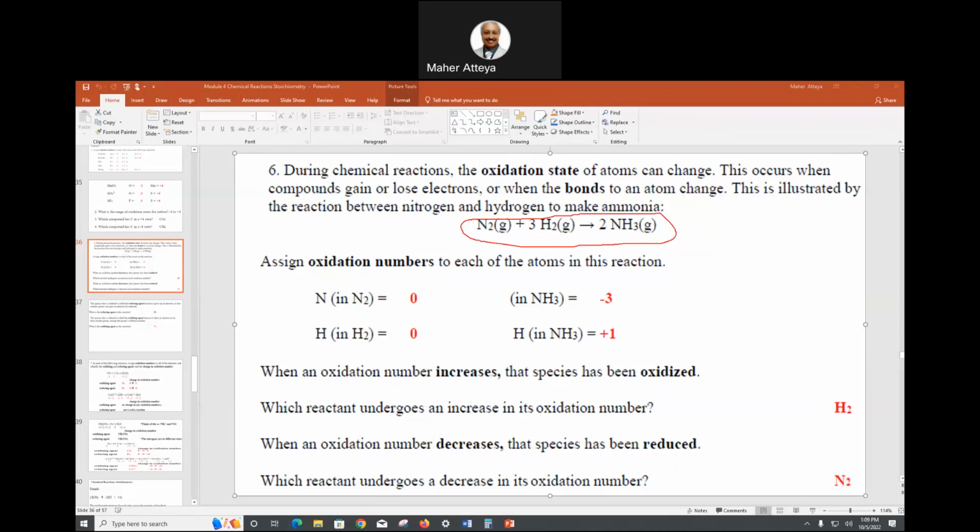Anytime I have an element by itself or a molecule by itself, look at nitrogen here, guys. Nitrogen here is a molecule, and hydrogen is a molecule.